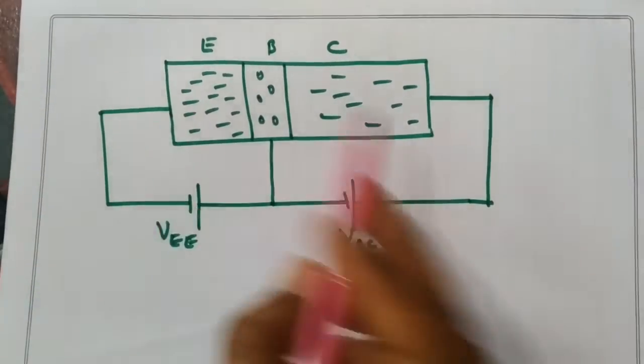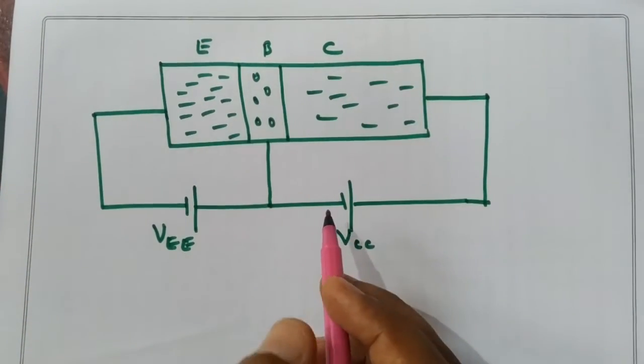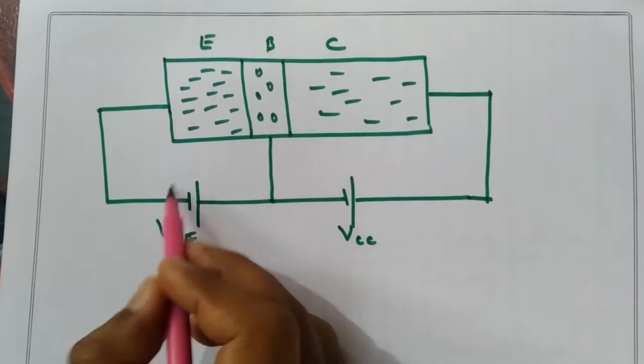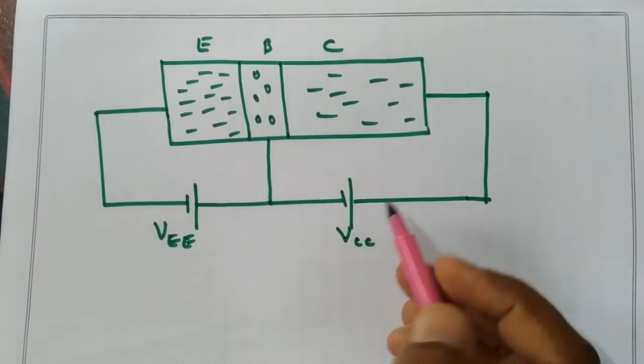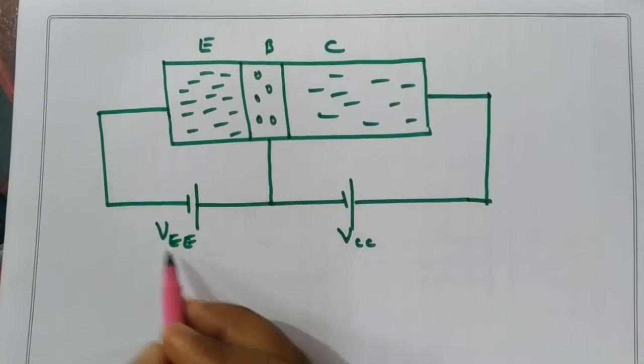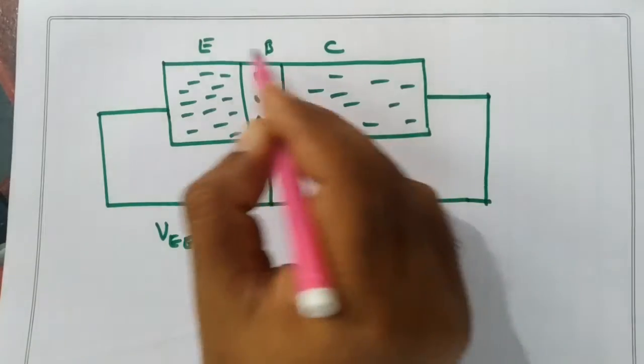To understand the working of an NPN transistor, you take this transistor structure. The emitter base junction is forward biased, the collector base junction is reverse biased. Here, when the emitter base junction is forward biased, this diode becomes forward biased.